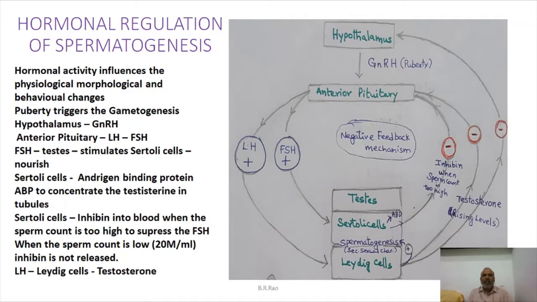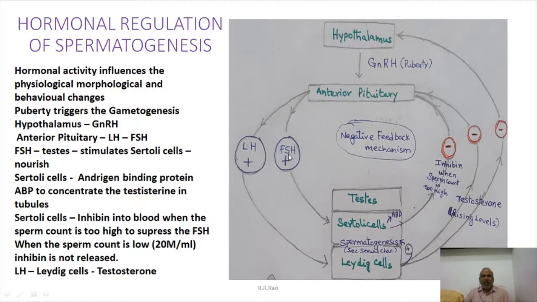Testosterone is secreted by Leydig cells of the testis by the influence of LH secreted by the pituitary gland, and the pituitary secretes LH by the influence of GnRH from the hypothalamus. So complete control of spermatogenesis, or sexual reproduction, is with the hypothalamus.